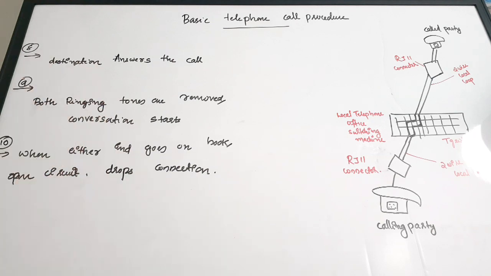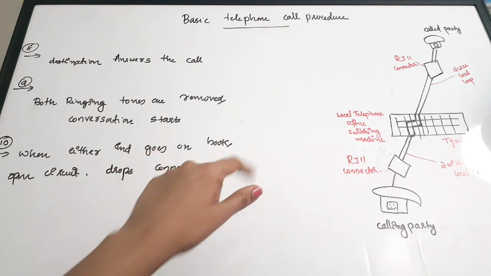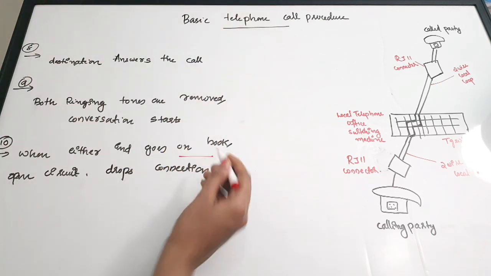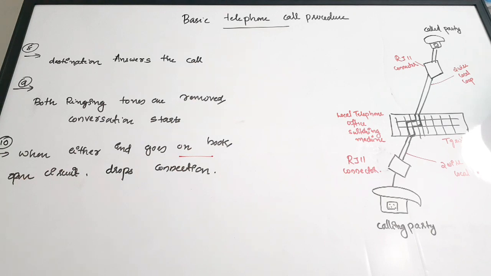Okay. And as the end step, or the last step, consider that one of the parties has dropped the phone, or has gone on hook. That means one of the parties making the conversation, either the called party or the calling party, has kept the phone back, that is, has dropped the phone or cut the call.